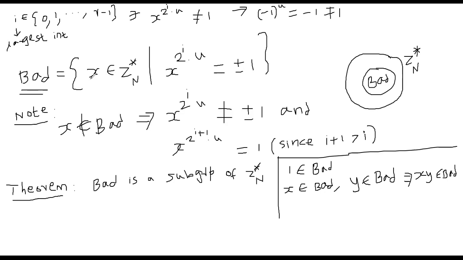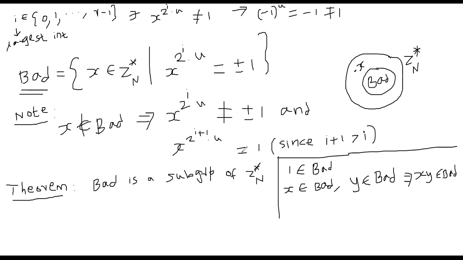The reason is as follows. Let's assume you choose an element x from Z star n. What can we say now? Since the element is not part of BAD, we know that x power 2^i times u must be not equal to plus or minus 1. Otherwise, it would be present in BAD. Which means x power 2^(i+1) times u must be 1. Why? Because we selected i to be the largest i such that x power 2^i times u is not equal to 1.